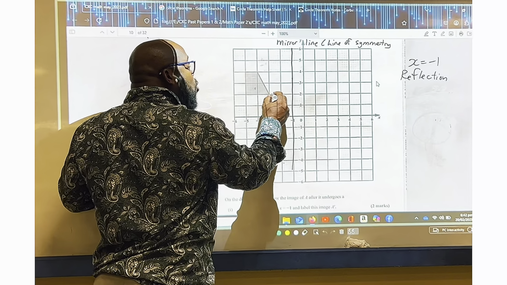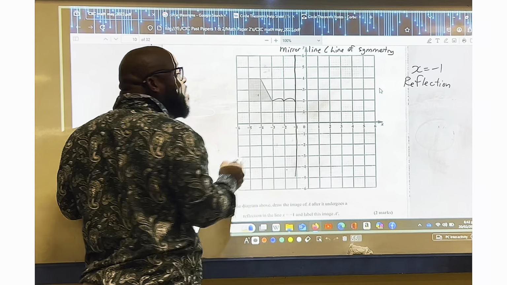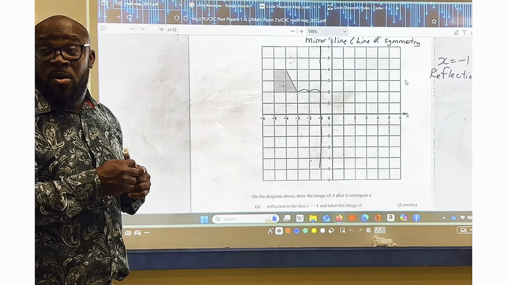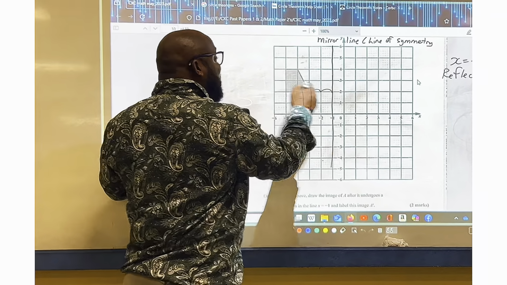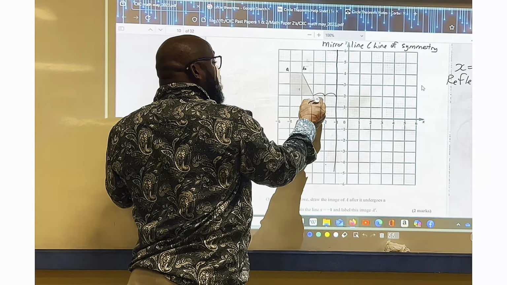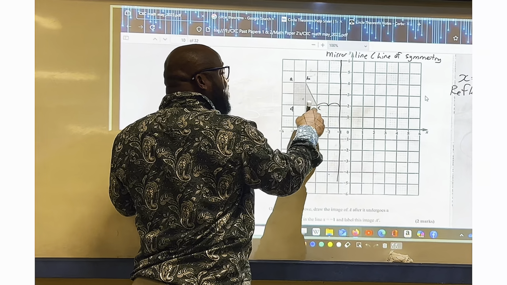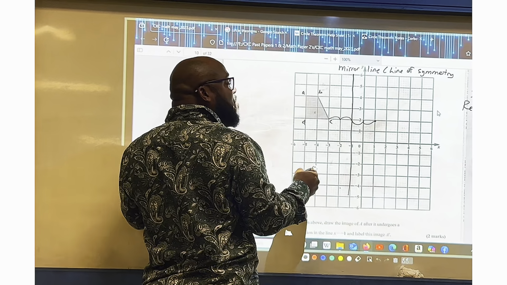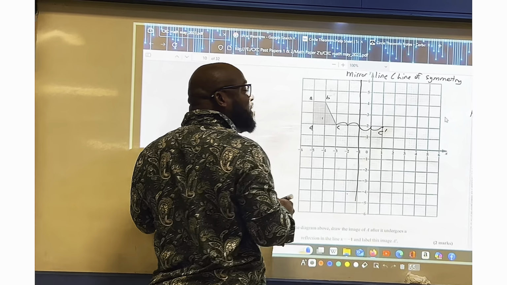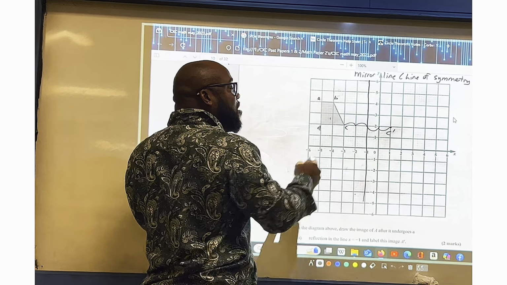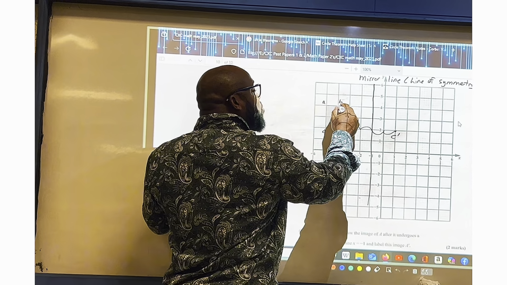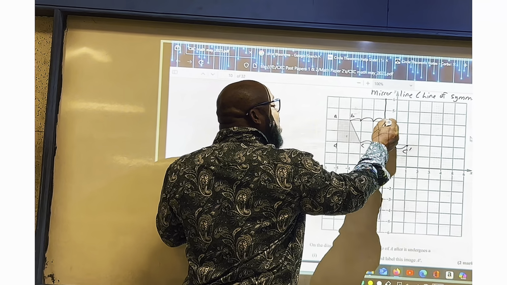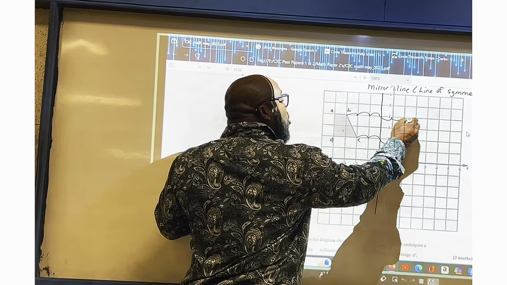So in a reflection, you need to count the distance from the mirror line. You can count it by the boxes. How far is it? 2. Let's call the points A, B, C, D. C will be what? 2 boxes away. B is how much? 1, 2, 3.